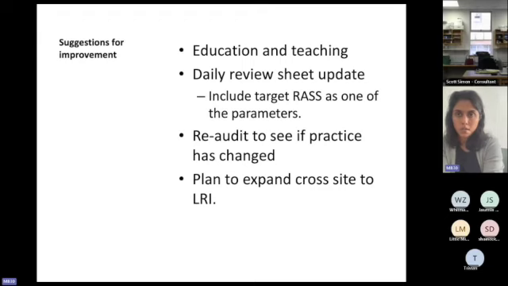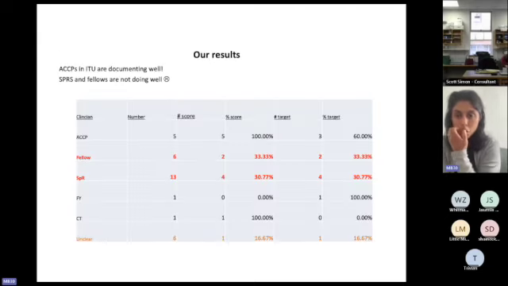Our thinking with why the ACCP data looked so much better than the SPR and fellow data, we think it's because of the rotational nature of our training really, and that because as anaesthetists or IMT trainees, we're actually not in the department for that long, whereas ACCPs are in the department for a long period of time, and their training focuses very much on how to review an ITU patient.